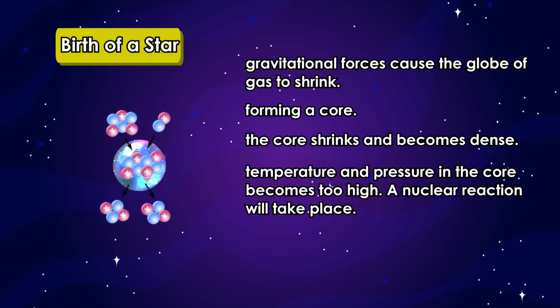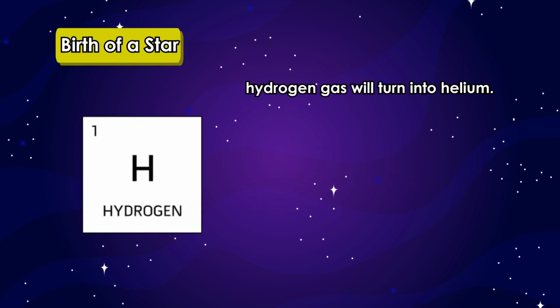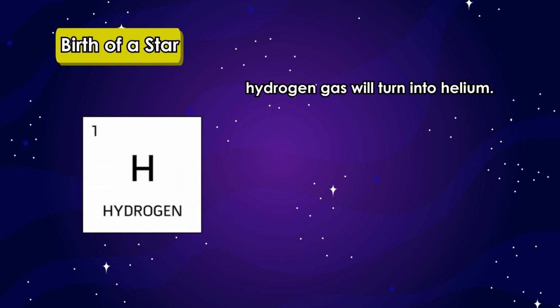When the temperature and pressure in the core becomes too high, a nuclear reaction will take place. Hydrogen gas will turn into helium.